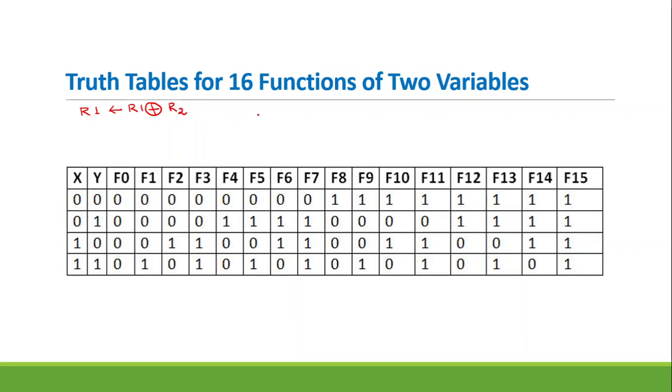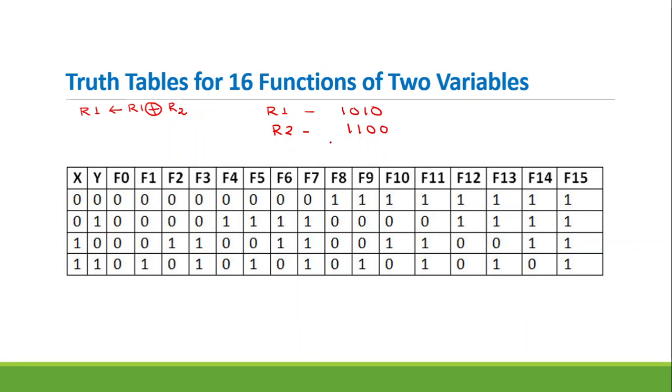That means let the content of R1 be 1010 and the content of R2 be 1100. The exclusive OR microoperation between the content of register R1 and R2 is performed, and the resultant will be stored in register R1.